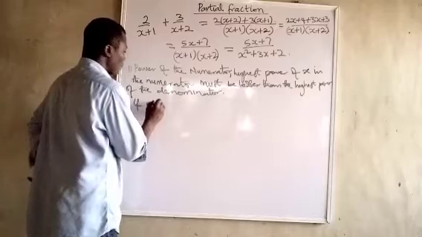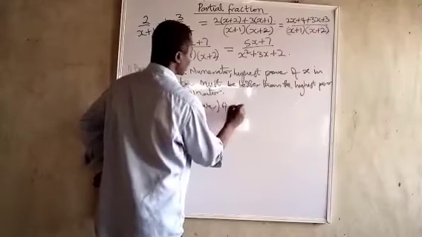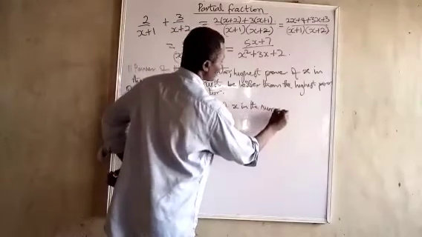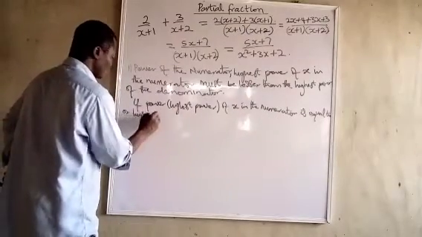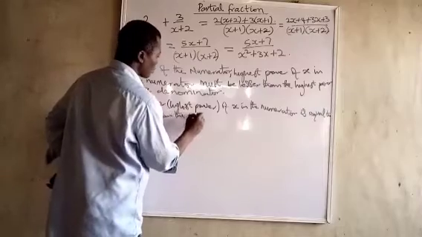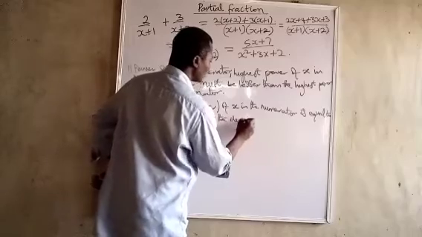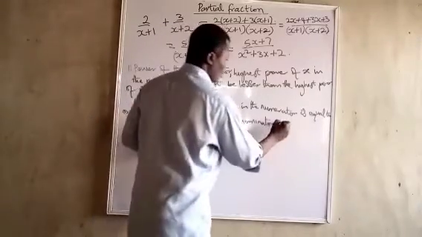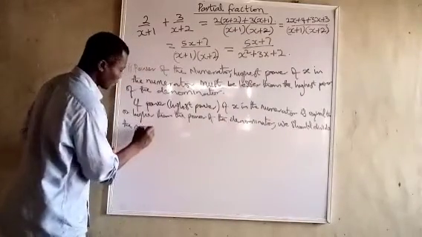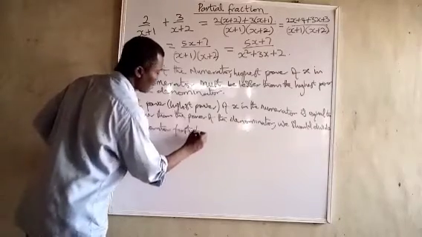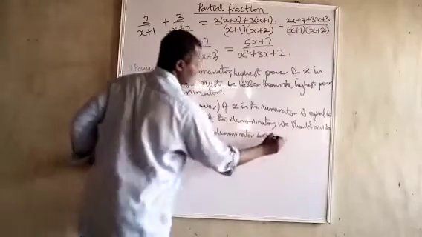If the highest power of x in the numerator is equal to or higher than the power of the denominator, we should divide the numerator first by the denominator before proceeding.